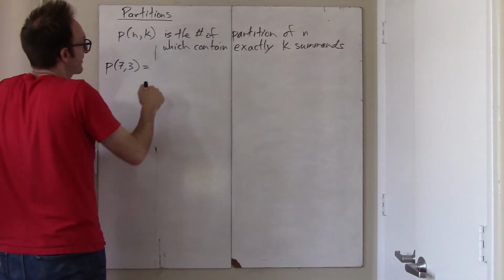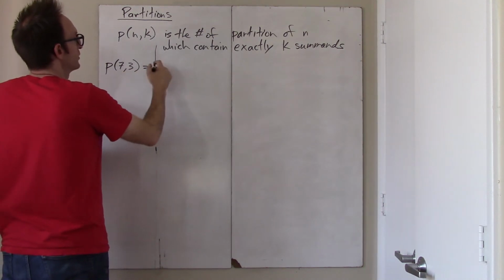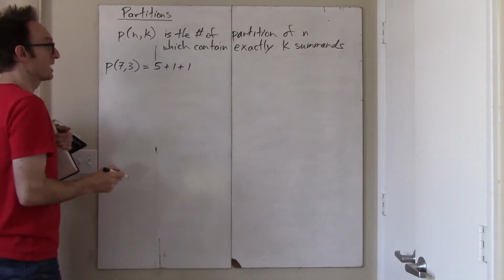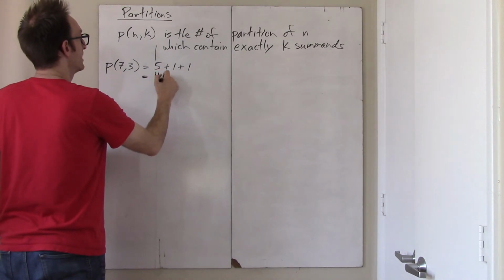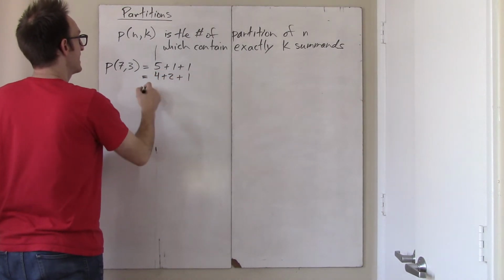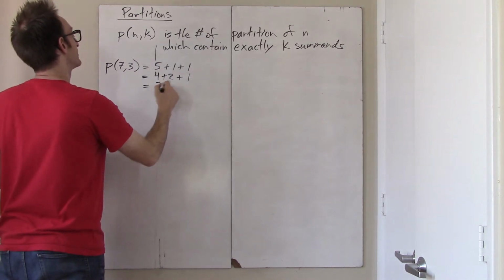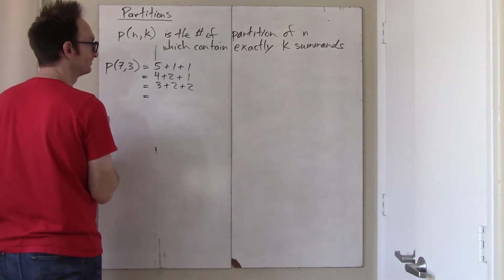Okay, just off the top of our heads, what are the ways to do this? 5 plus 1 plus 1 seems to be an option. Another option is 4 plus 2 plus 1. Another option is 3 plus 2 plus 2.